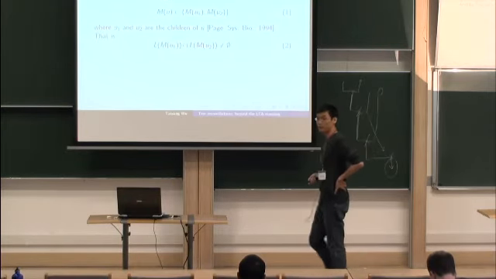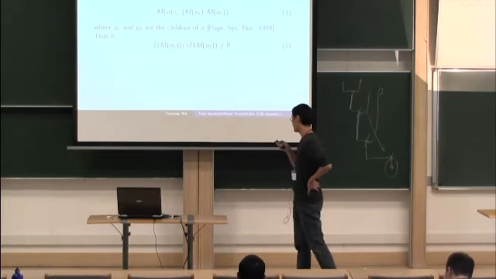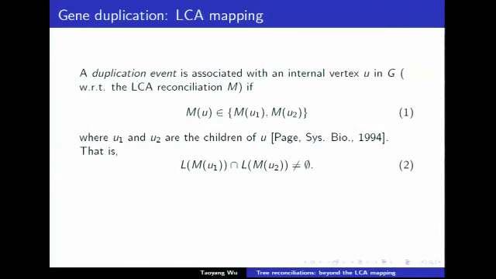And how can we do this for gene duplication and loss? The LCA mapping was developed a while ago, in 1994.